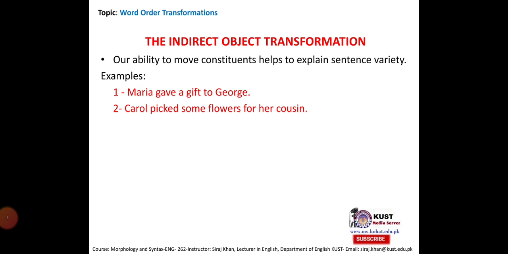The pattern is noun phrase 1 plus main verb, which is transitive, followed by a gift, which is noun phrase 2, and to George is an adverbial prepositional phrase. They contain a prepositional phrase with to or for following the direct object that functions as an adverbial modifier of the verb.